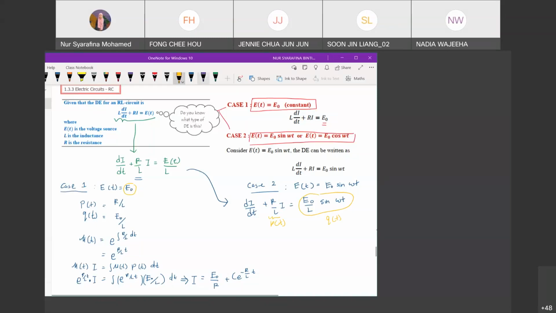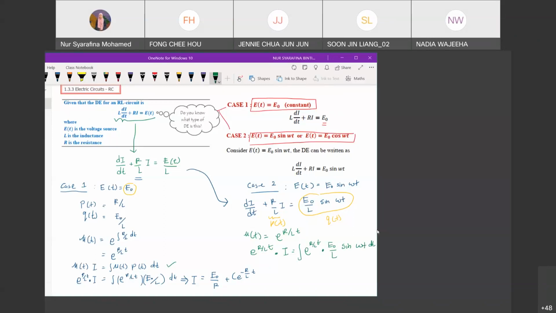You should have your integrating factor equal to exponent to the power of R over L t, right? Then substituting to this, you will have exponent R over L t times I equals integrate exponent R over L t times E naught over L sine omega t.